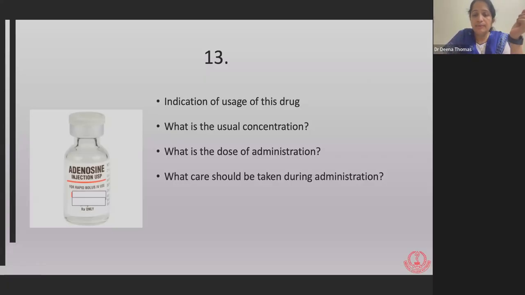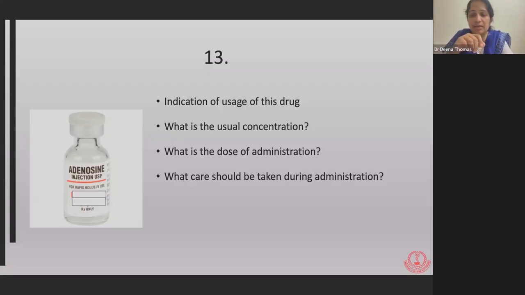Very good, the care to be taken is that you should give it via a central vein. We usually secure a vein in the elbow, as close to the heart as possible, and place a three-way. We will give adenosine from one end and give the flush from the other end. You should flush immediately, as soon as possible.